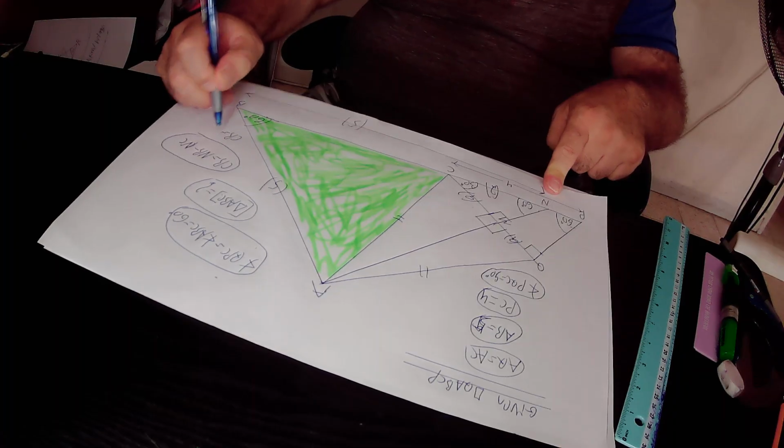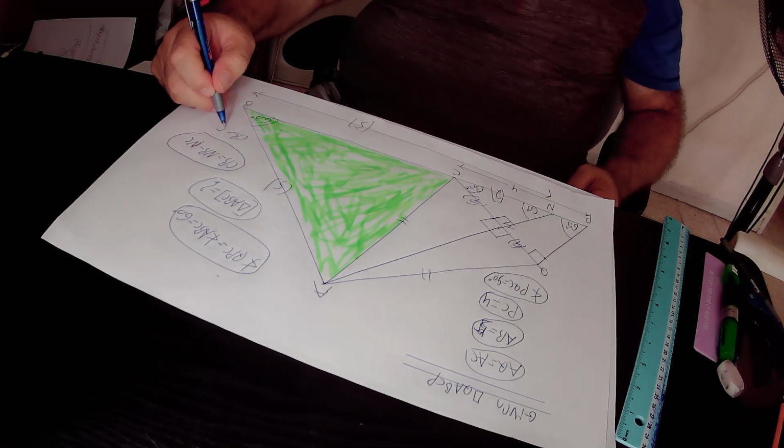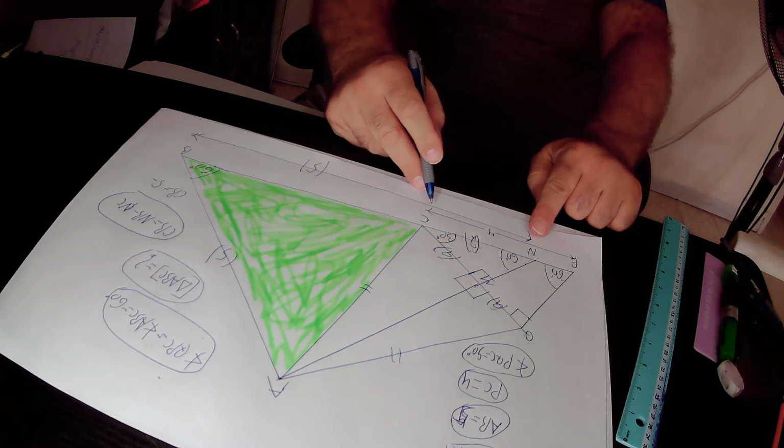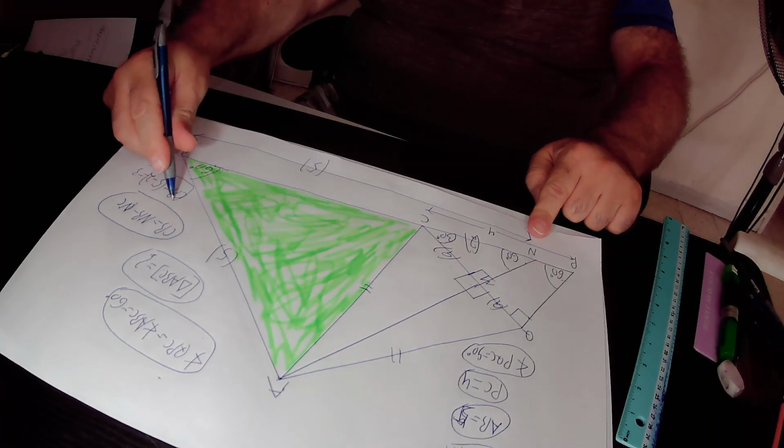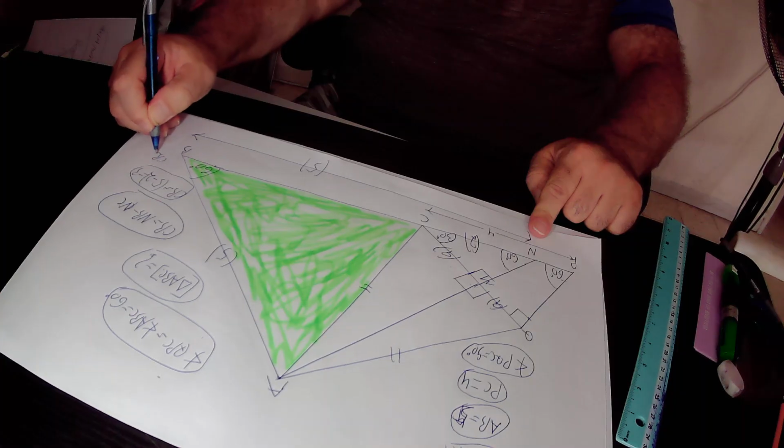So CB equals NB, that is 5, minus NC. NC equals 2 units in its length. So in total CB equals 5 minus 2, that is 3. CB equals 3 units in its length.